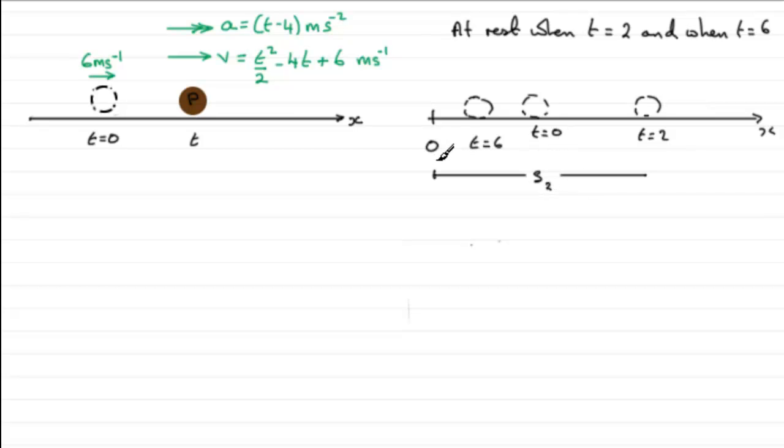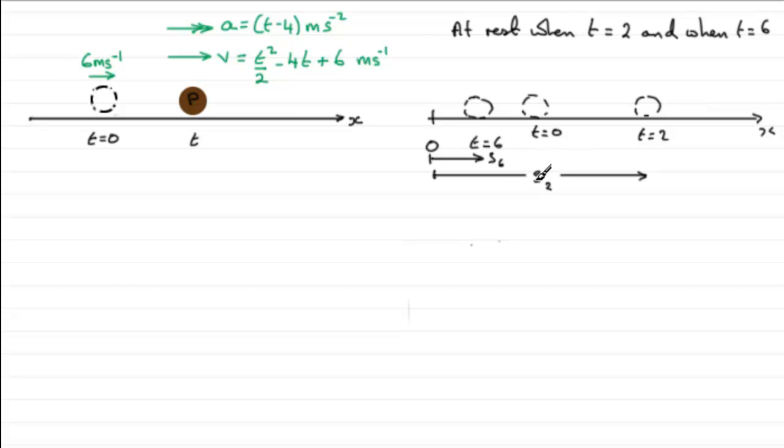And then I want to work out what that displacement is when t equals 6. So we'll say that's from here to here, and that is S6, that distance there, S at 6.